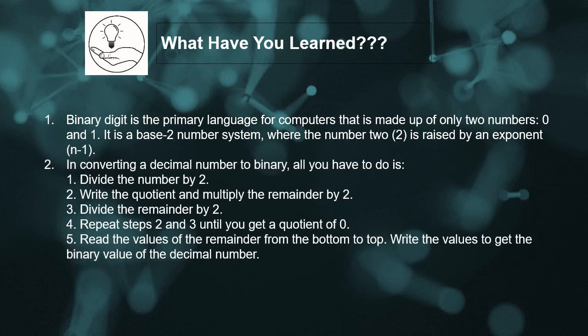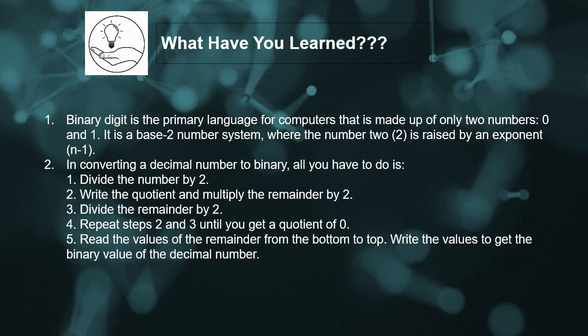In converting a decimal number to binary, all you have to do is follow the steps. First, divide the number by 2. Second is to write the quotient and multiply the remainder by 2. Next, divide the remainder by 2. Then, repeat steps 2 and 3 until you get a quotient of 0.